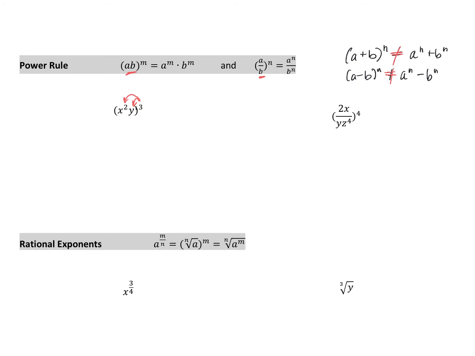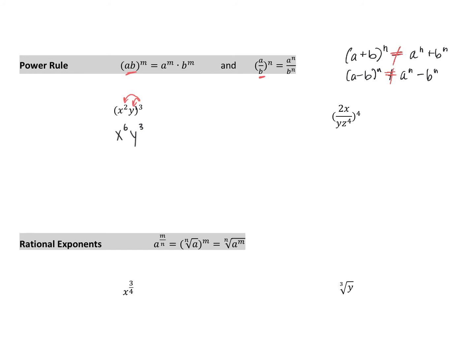So you're simply going to multiply the exponent outside with the exponent inside. So this will be x to the 6th, 2 times 3, and then y to the 3rd, 1 times 3. And that's it.